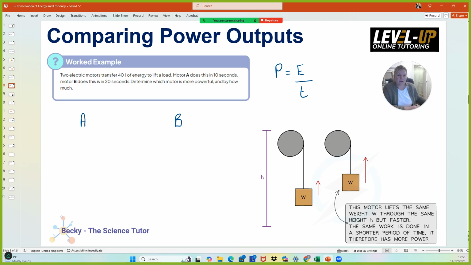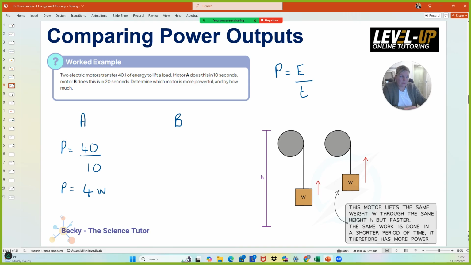You've calculated the power. Oh, thank you guys, this is whipping through now. So I'm going to take the power of motor A. They're transferring 40 joules, so we do 40 over motor A does it in 10 seconds. Yeah, awesome guys. So we've got 4 watts.